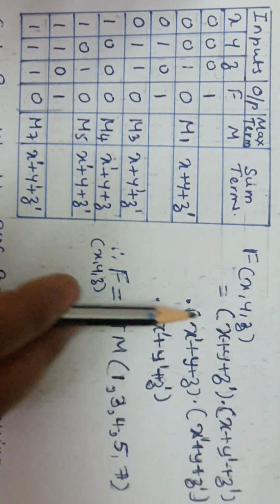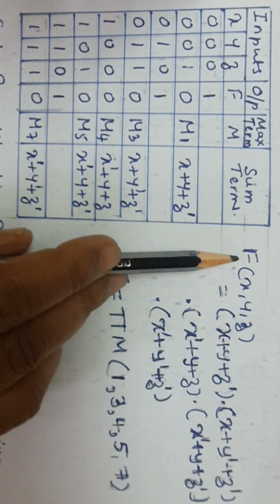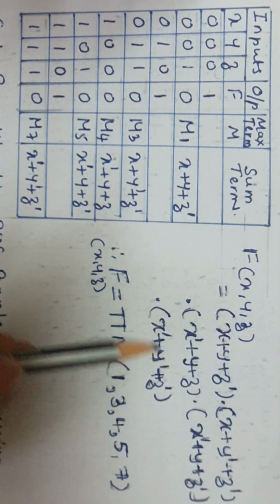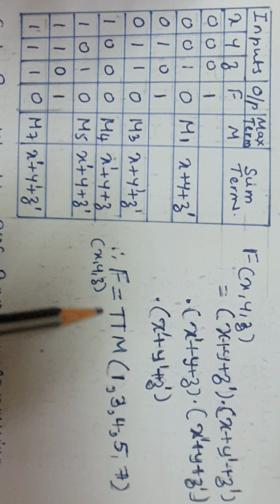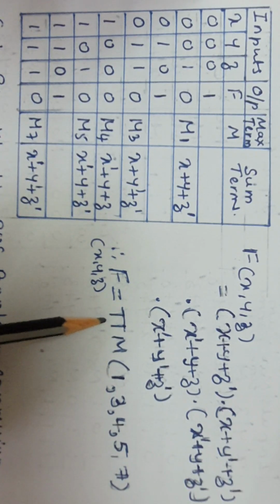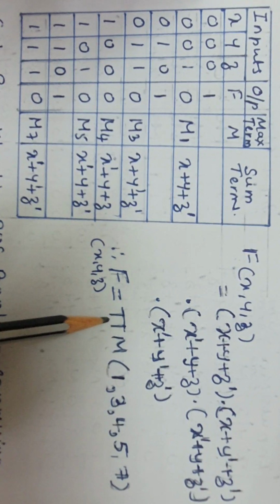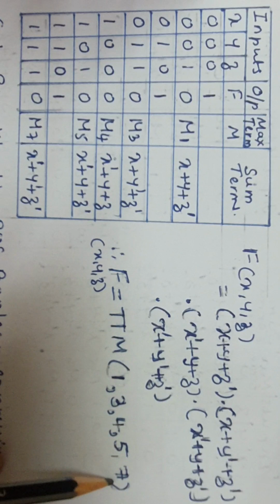This is a product of sums form of the given Boolean equation. So this can also be written as f of xyz is equal to product, this is the symbol, product of max terms. We may write this or may not write. Anyway, product means this will be max terms only.